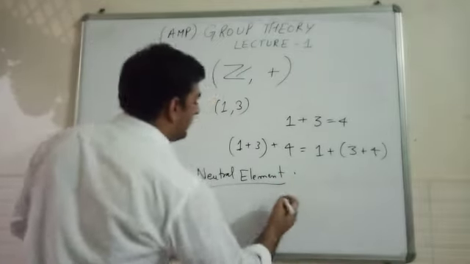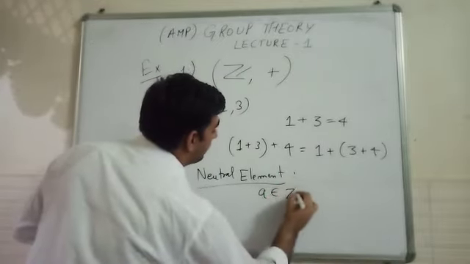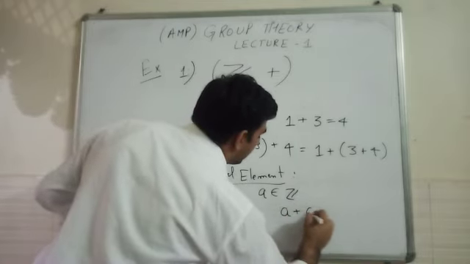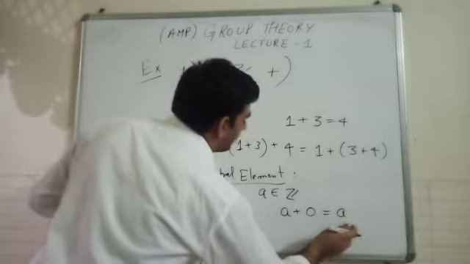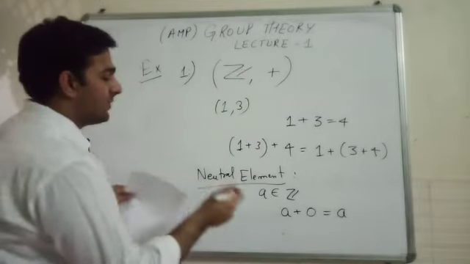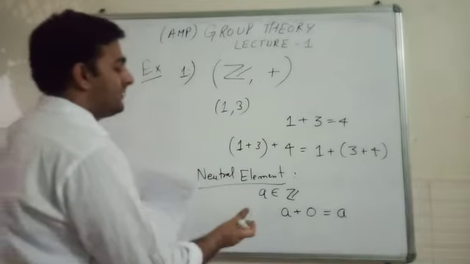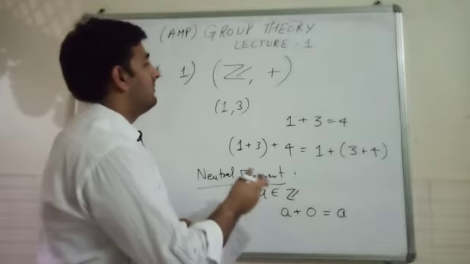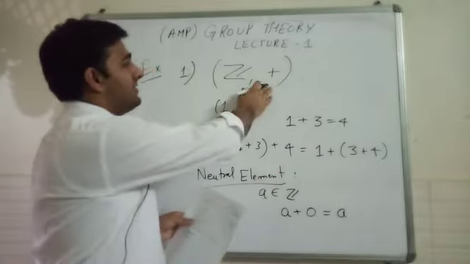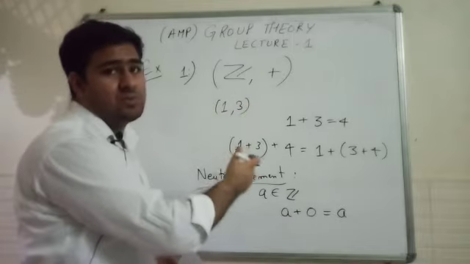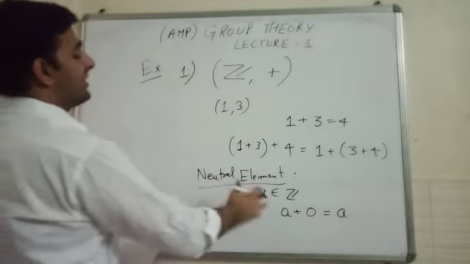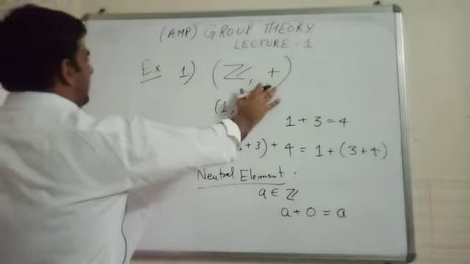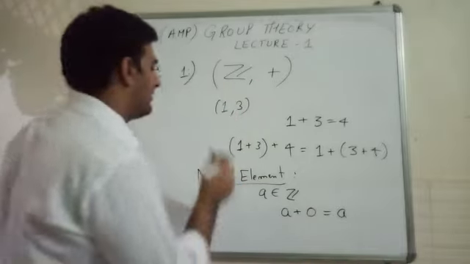So for example, let A be any integer, and if you add 0, you again get the integer A. So 0 is clearly the neutral element with respect to addition. The neutral element may change with changing the binary operation. For example, if you took the multiplication between the integers, then the neutral element would be 1. So you have to take into account what binary operation you're talking about.